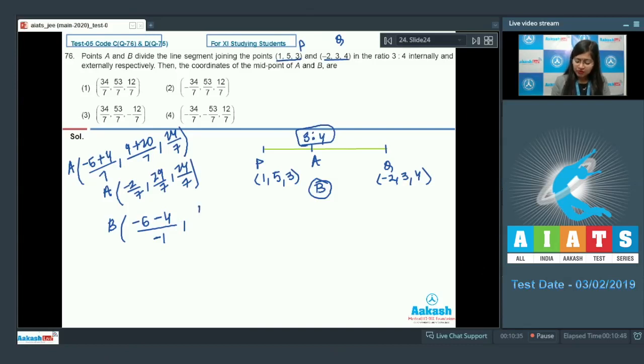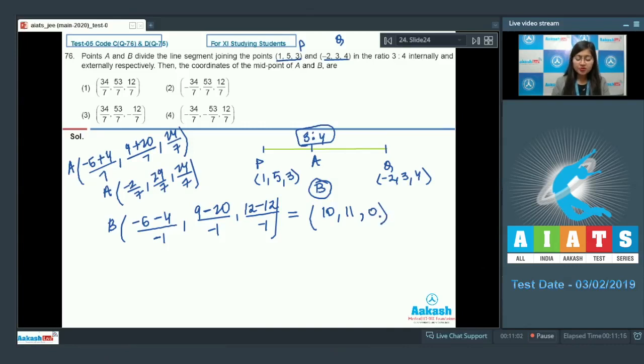Again 3 into 3, that is 9, minus 5 into 4, that is 20, upon 3 minus 4, that is -1, and the Z coordinate is 12 minus 12 upon -1, right? So the B coordinate can be written as -10 upon -1, that is 10, 20 minus 9, that is 11, 0, right? So this is the B coordinate.